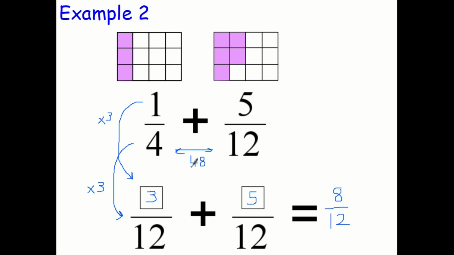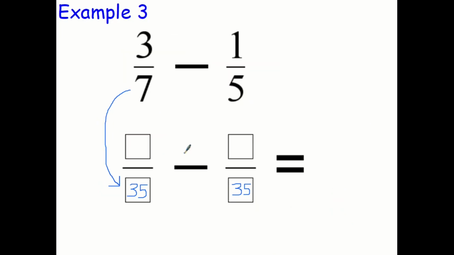So you want to try and find the lowest number that both 4 and 12 go into, which here was 12. So the lowest number here that both 7 and 5 go into just happens to be 7 multiplied by 5, which is 35.